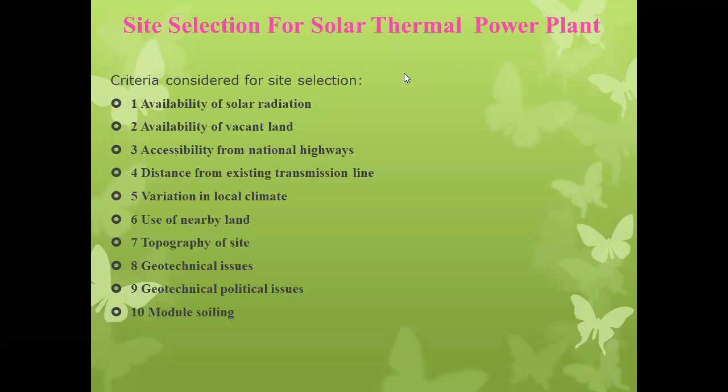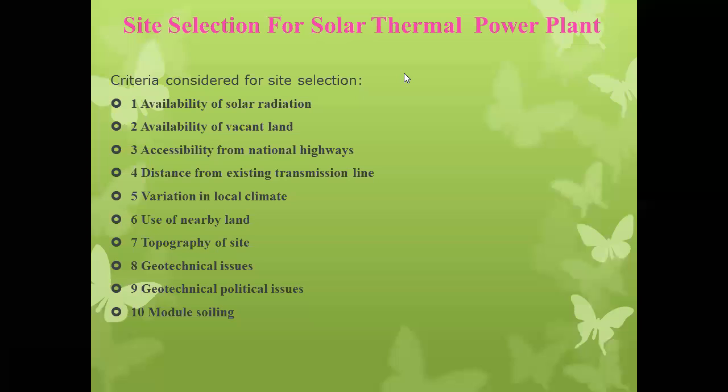So tell me, what is the role of that? Why do we have to study the local climate before installation of a solar thermal power plant? Tell me.